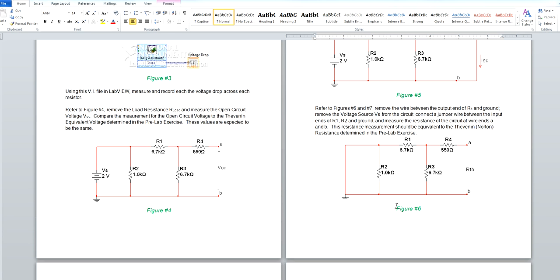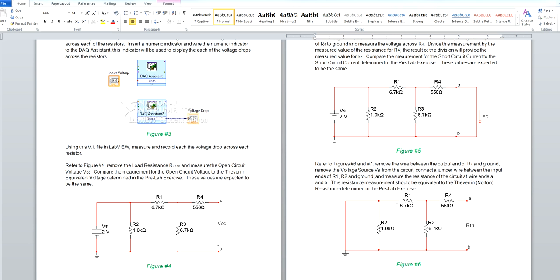Maximum power transfer theorem once again states that the maximum power dissipation occurs when the load resistance is equal to the Thevenin resistance.